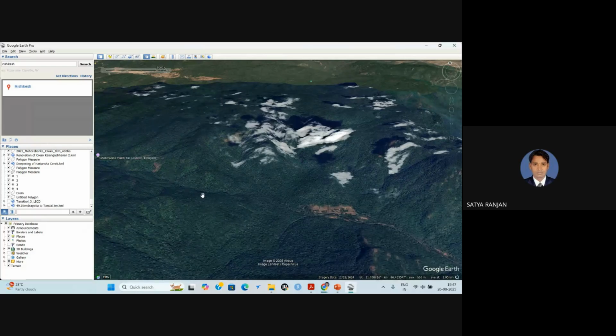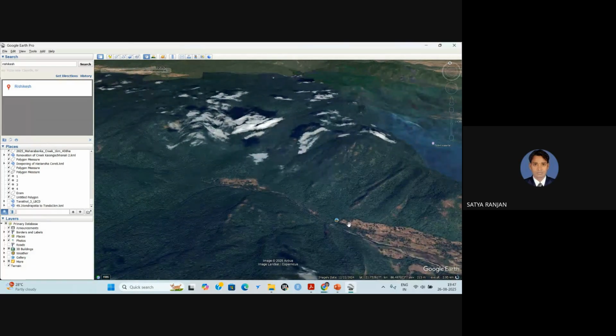Suppose there is a landscape. This is the river. So from which areas or from which direction all the drainage patterns are connected to this river, and all these fall within this river.